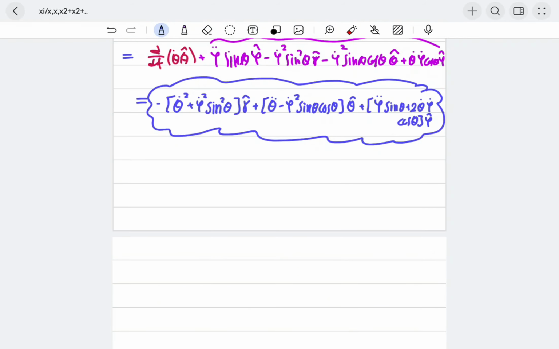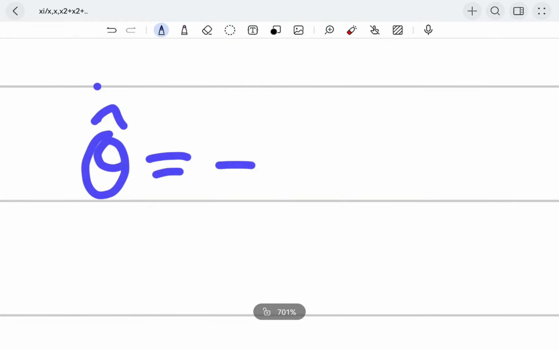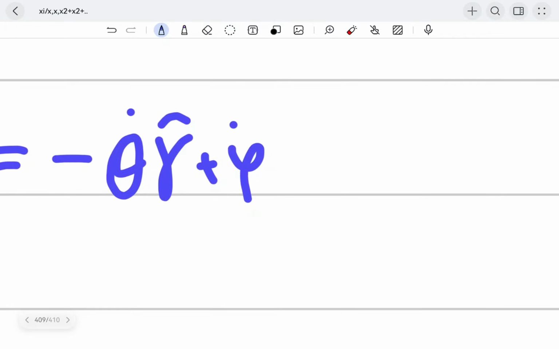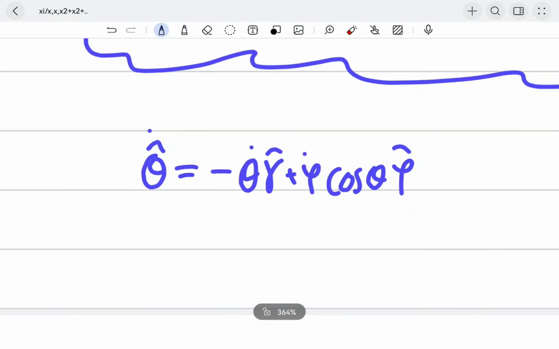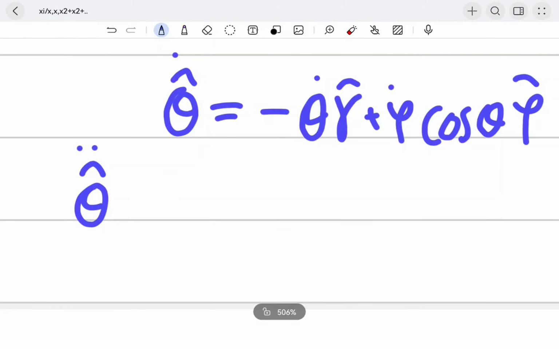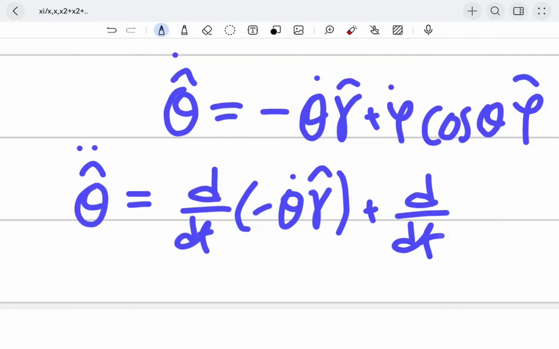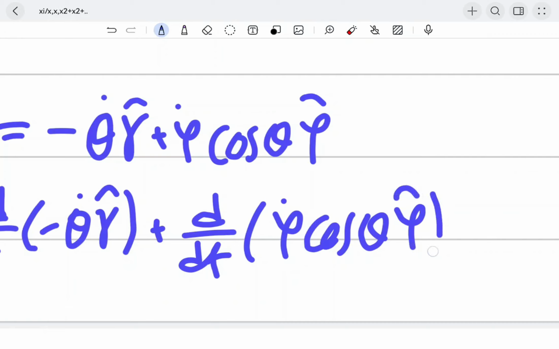Now for theta hat double dot, we are differentiating theta hat dot, which is equal to minus theta dot r hat plus phi dot cosine theta phi hat. Theta hat double dot equals d by dt of minus theta dot r hat plus d by dt of phi dot cosine theta phi hat.